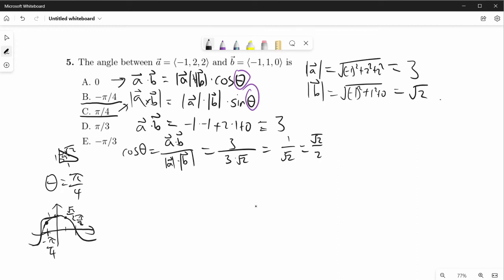So for the cross product, sine of theta equals the length of the cross product of A and B over length of A times length of B. So let's calculate a cross product.